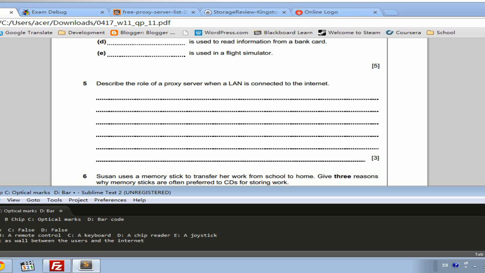Okay, so you'd want to explain this in more detail. Yeah, so for example, in order to block or restrict unwanted or undesirable content.